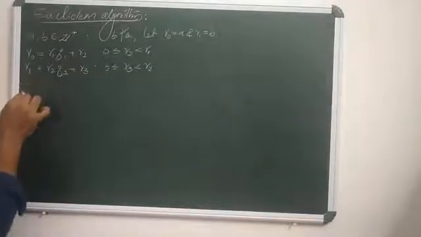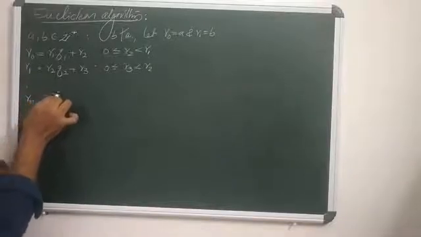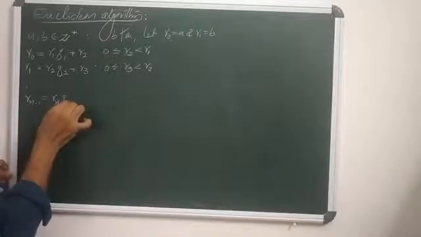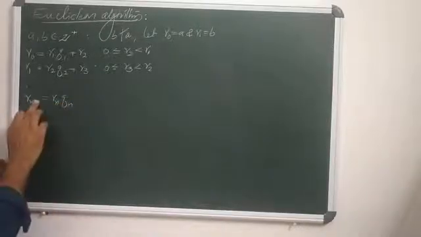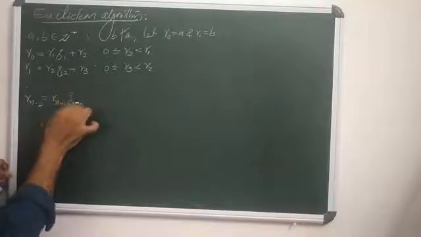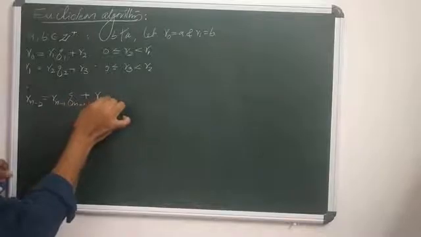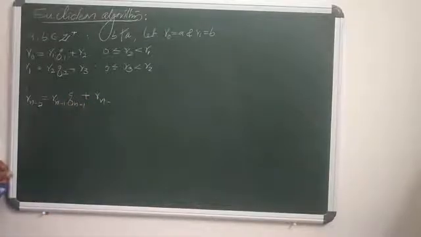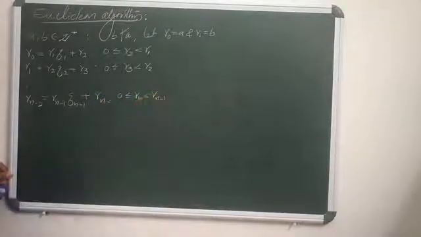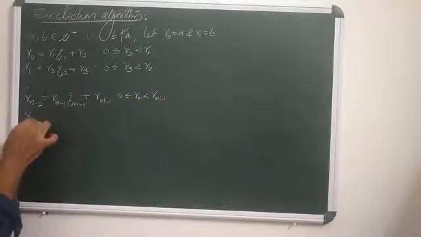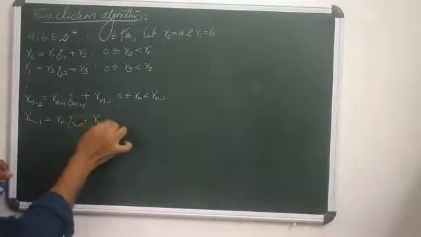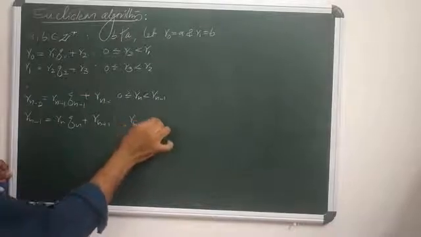Like this, rn-2 = rn-1qn-1 + rn, where 0 ≤ rn < rn-1. And rn-1 = rnqn + rn+1, here such that rn+1 = 0.